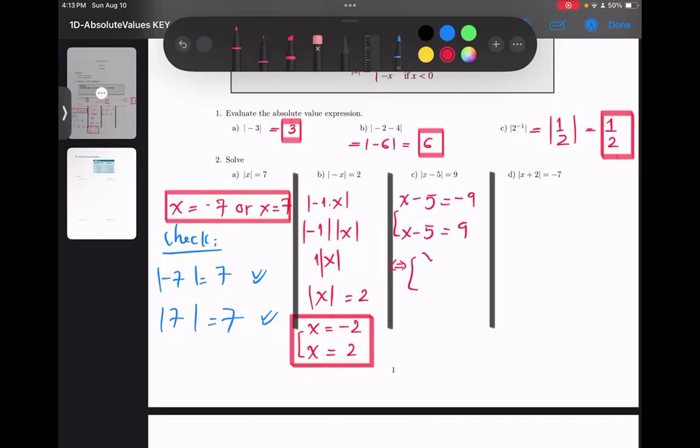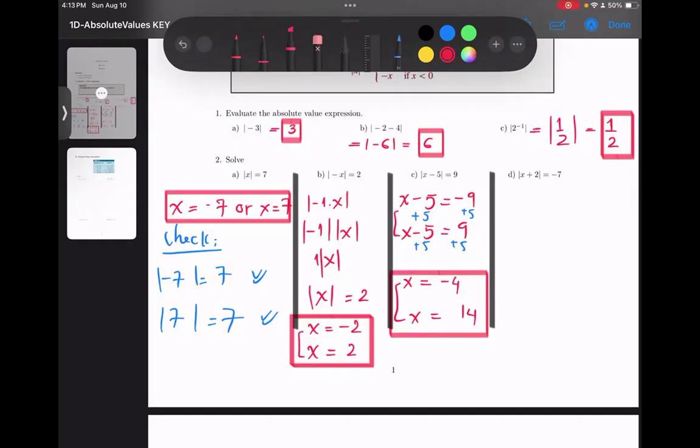For the first one, we add 5 to both sides. So x equals -9 plus 5, which is -4, or x equals 9 plus 5, which is 14. I'm sorry, +14. And that will be my solution. You can check on your own.